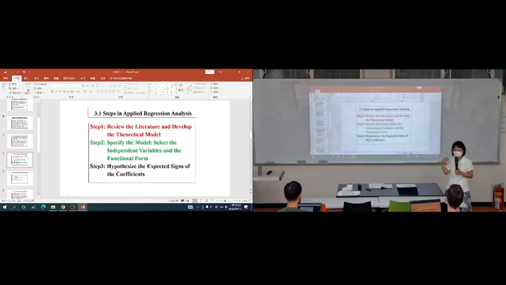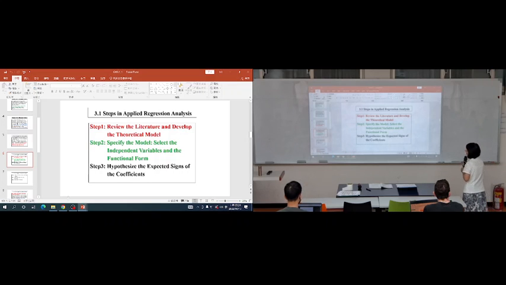If you're in school, you need to find scholarly literature, instead of just regular journals. You need to find scholarly, academic journals to read all these articles.